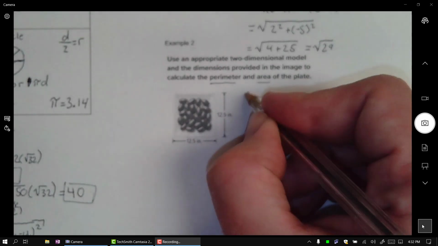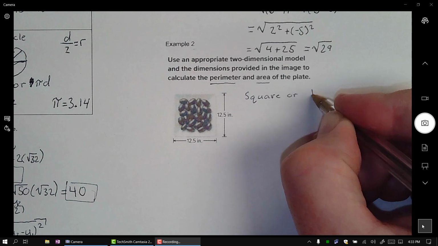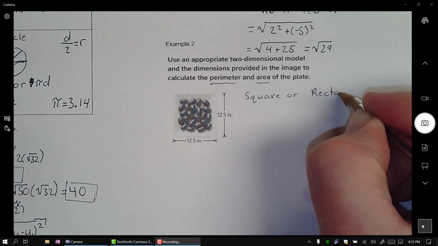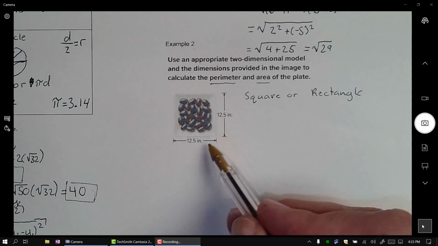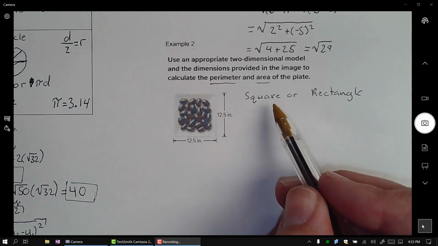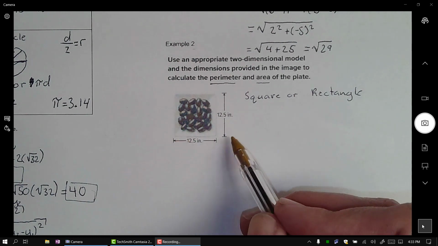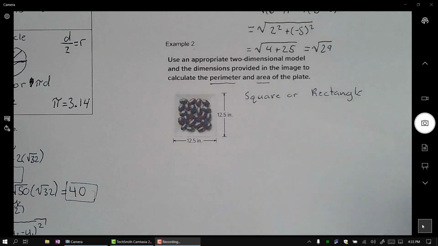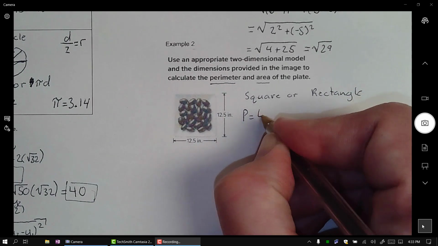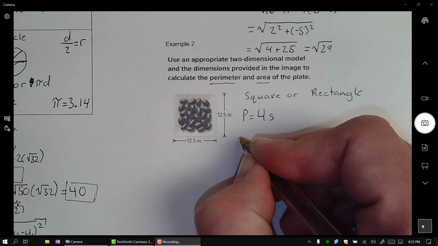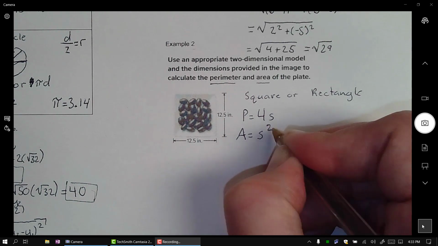So we can use a square or rectangle. They give us the same measurements, so that's why we can use a square. The rectangle formula would work as well. My length would be 12.5, my width would be 12.5. Let's just use the square formula. So our perimeter equals 4 times the side, and my area formula equals side squared.